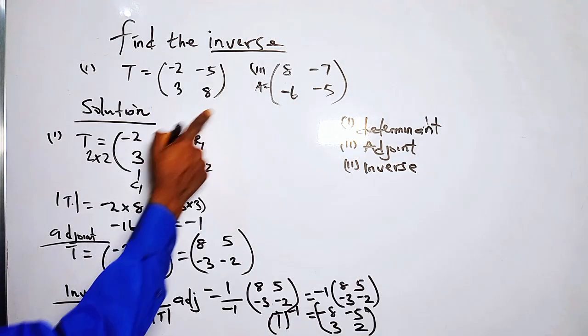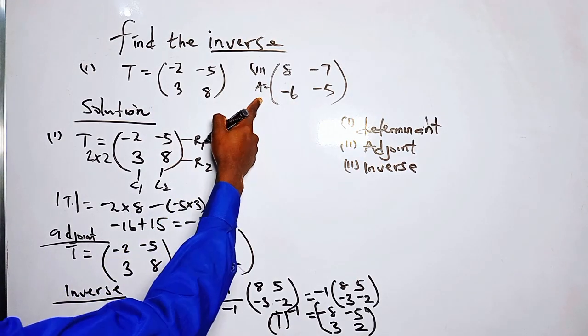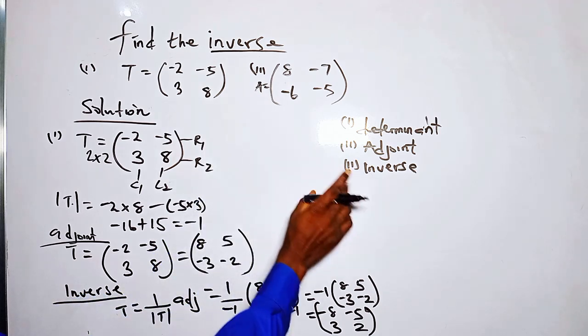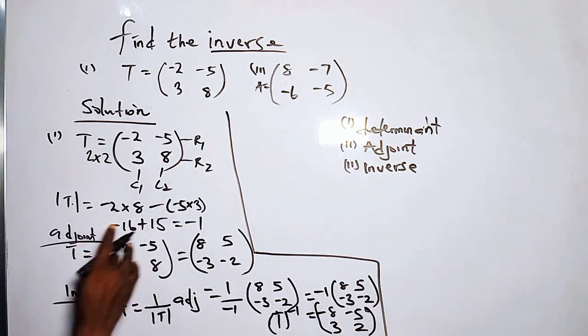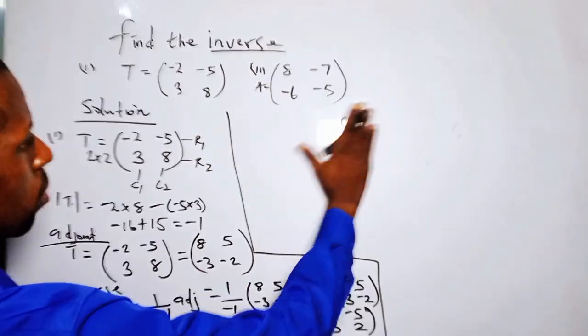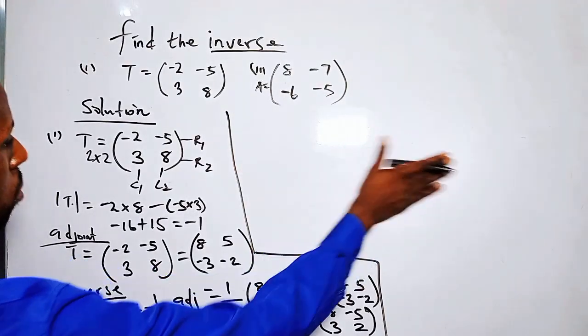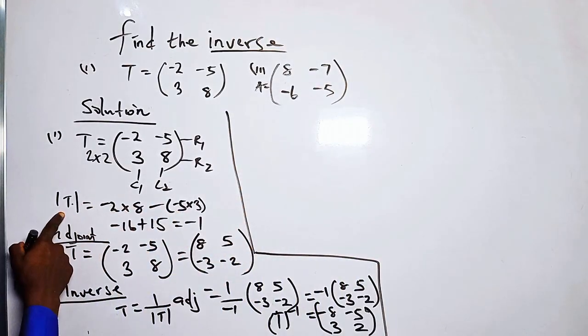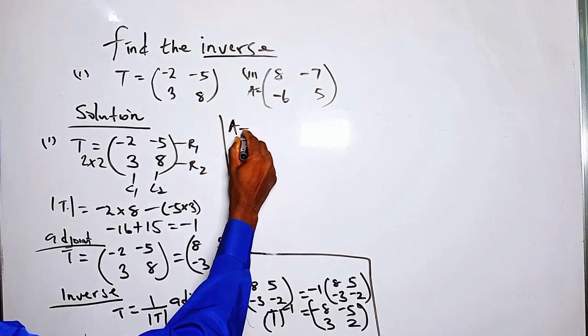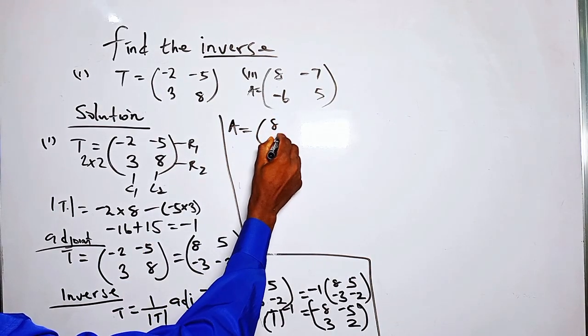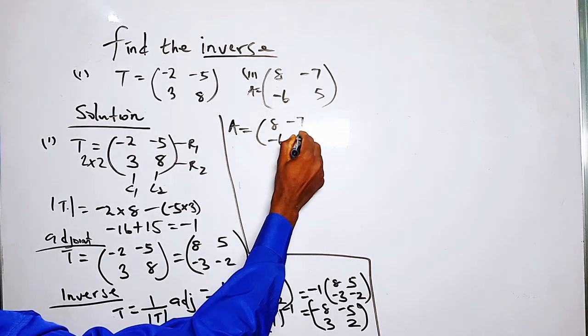For the second question, we have to determine the inverse of matrix A. How do we do that? Using the same steps. The first step is to figure out the determinant. Matrix A is 8, -6, -7, and 5.